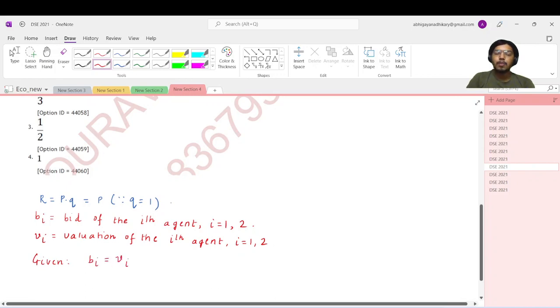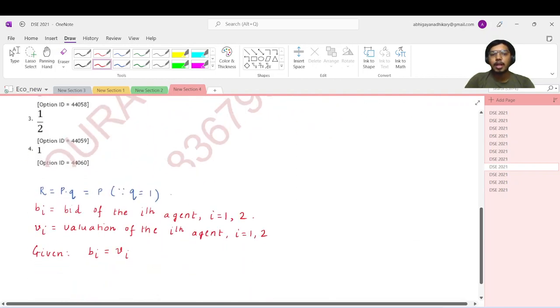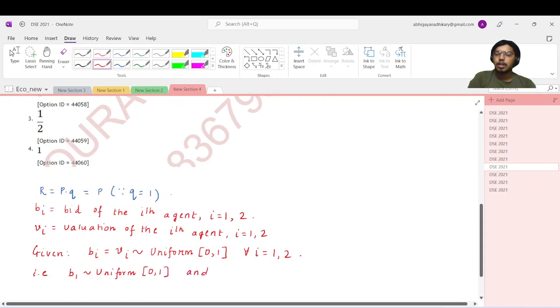That means Bi is equal to Vi, and the valuations are drawn from uniform 0-1 distribution. What does this mean? That both the Vi follow a uniform 0, 1 for all i equals 1, 2. That is essentially B1 follows uniform 0-1 and B2 follows uniform 0-1. This is the information that we are given.